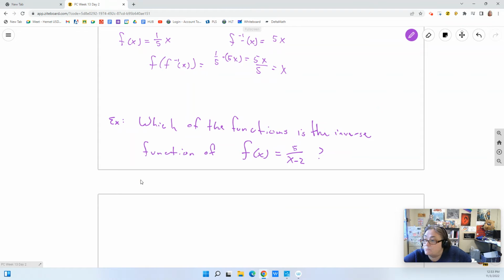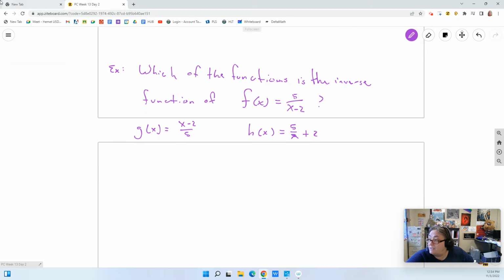And we're going to be given two choices. We're going to be given g of x equals x minus 2 over 5, or we're going to be given h of x equals 5 over x, that should be an x, plus 2. All right, how do we find out which one it's going to be? We plug them in and we see if we get x back.